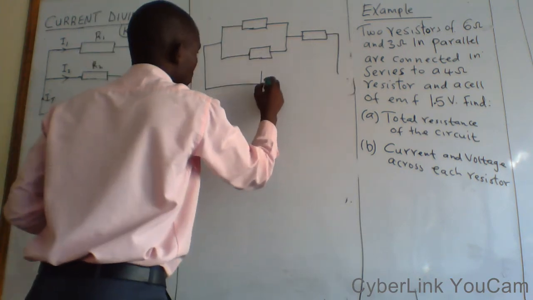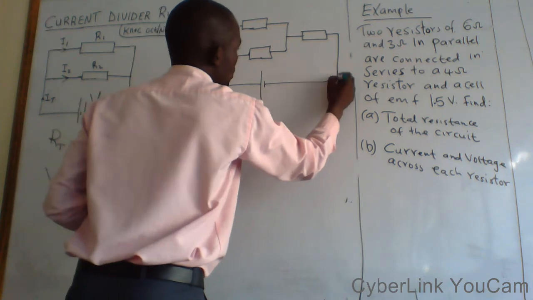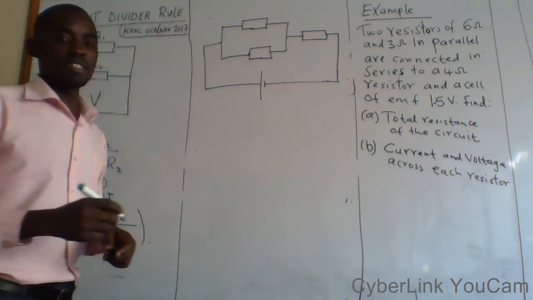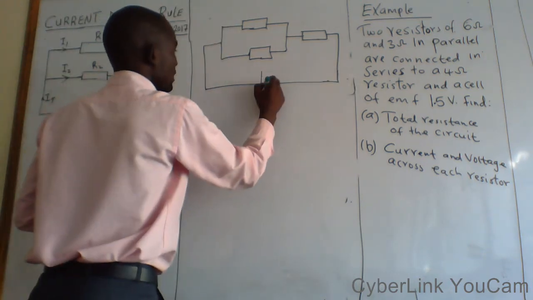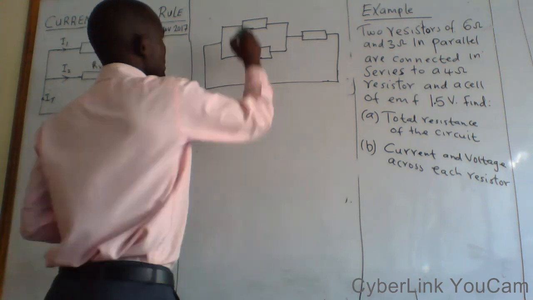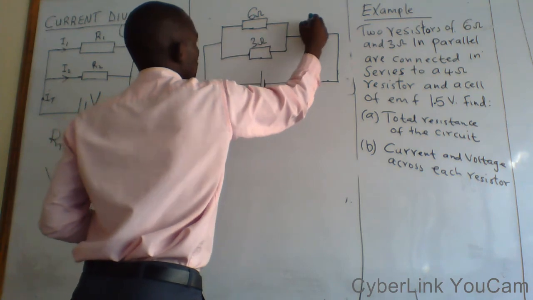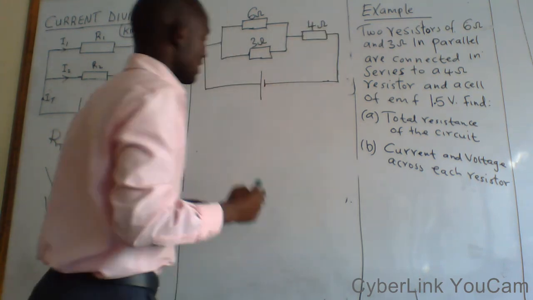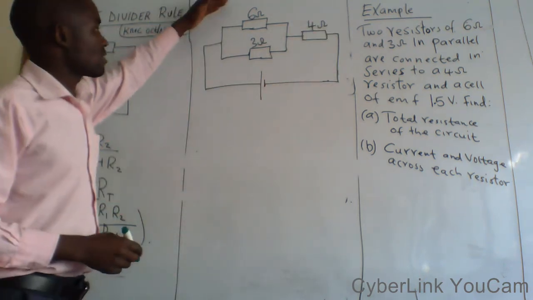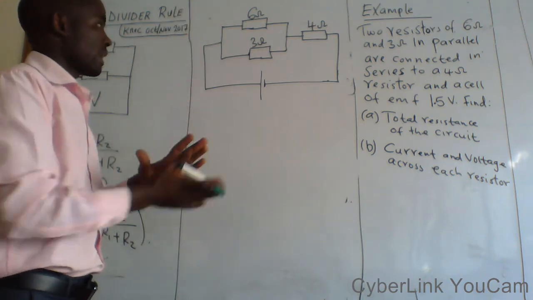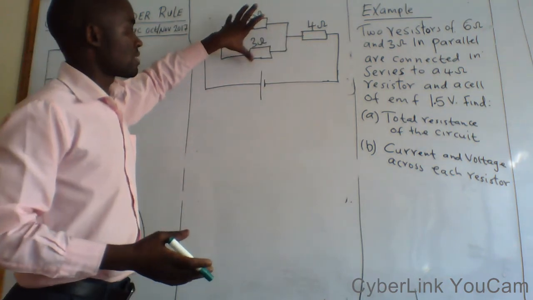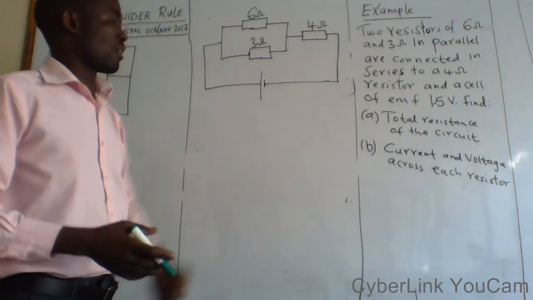It is always important for a student to draw a circuit to help understand the concept. So the first resistor is 6 ohms, we have 3 ohms, and we have 4 ohms. Those are the resistors. We have been told the 6 ohm and the 3 ohm are connected in parallel, but the combination is connected in series to a 4 ohm.